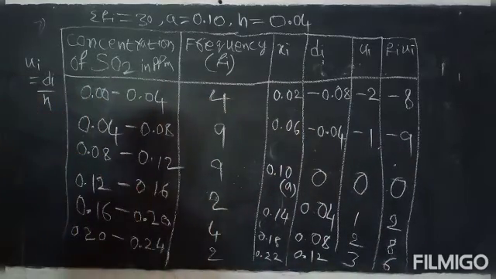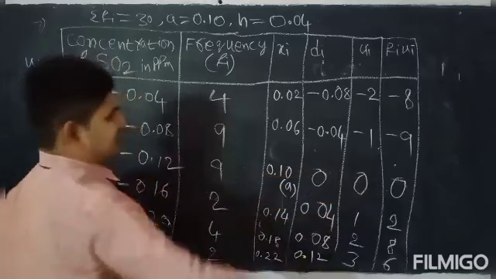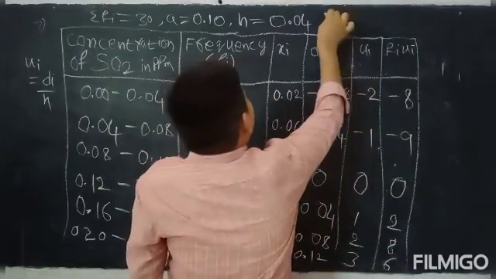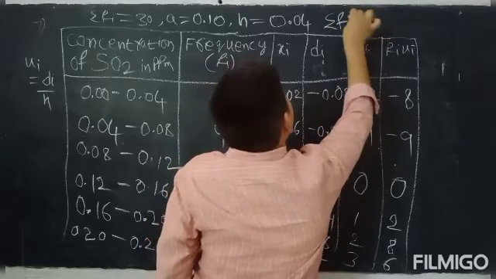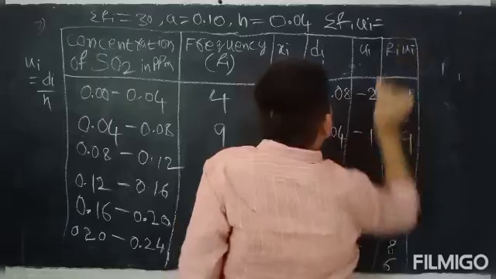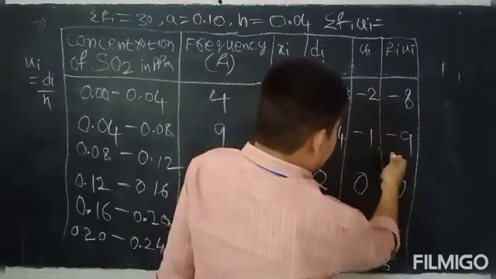Okay, now what we got? The values of Fi Ui. Okay, the value of Fi Ui we got. Now you have to calculate the values of sigma Fi Ui. Minus 8 minus 9, minus plus.